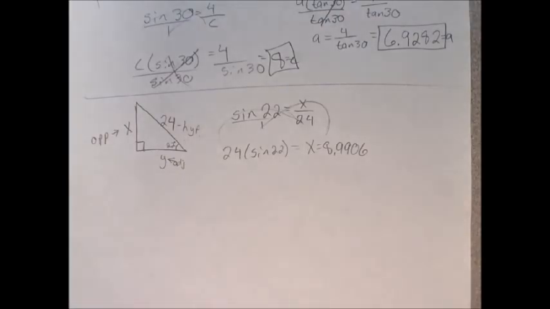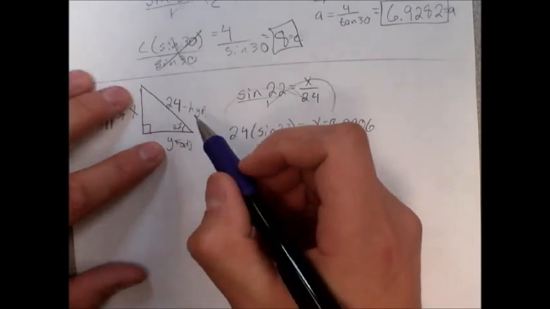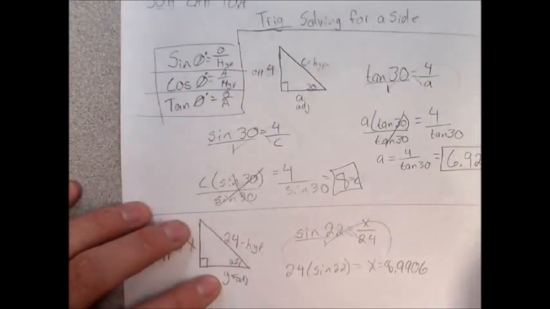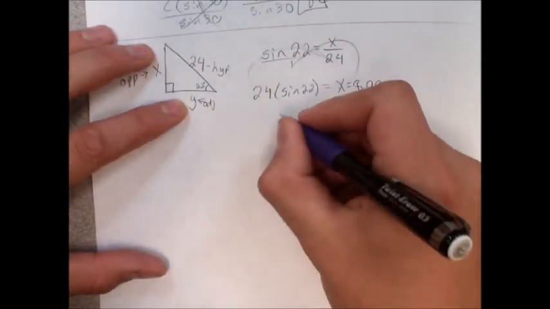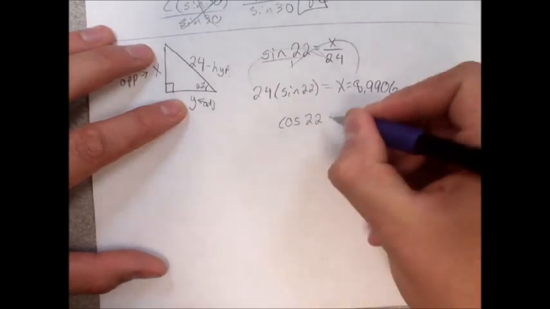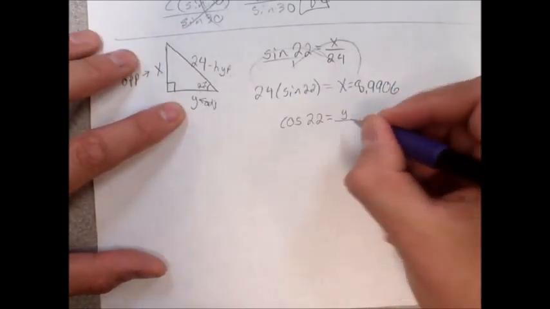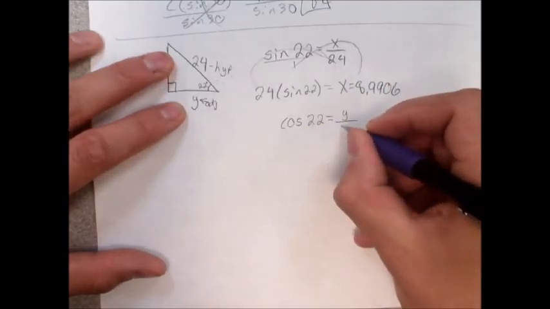Okay. Next one. I want to find my adjacent, and I know my hypotenuse. So adjacent and hypotenuse, which one is that? Cosine. So cosine of our angle, which is 22 in this case, is adjacent, which in this case was Y, over our hypotenuse, which is 24.